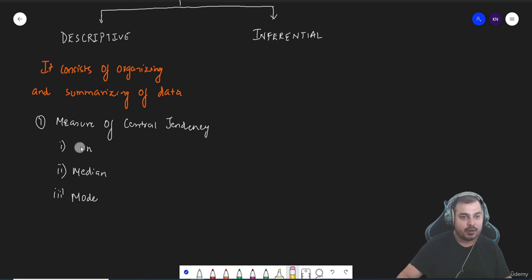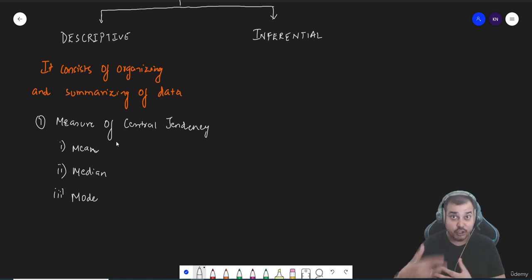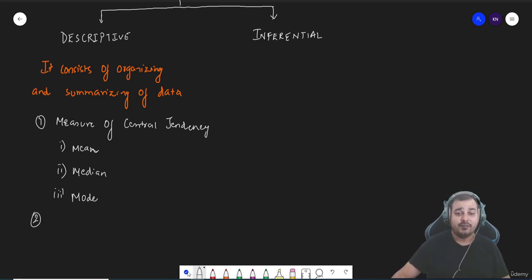So these are the techniques that are actually used in the measure of central tendency, and when we should use mean, median, mode, I'll explain in the upcoming videos. But let's understand, apart from these techniques, what are the other techniques that are involved.